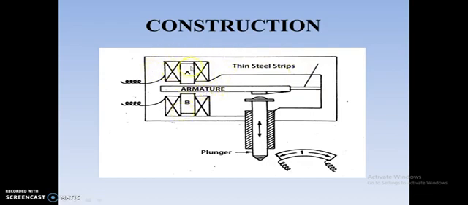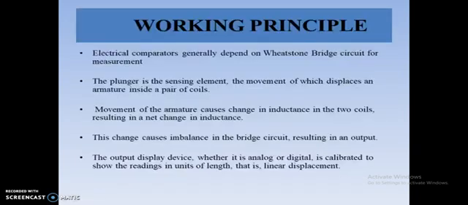These coils A and B are connected to a Wheatstone bridge. Generally, electrical comparators depend on a Wheatstone bridge circuit for measurement.